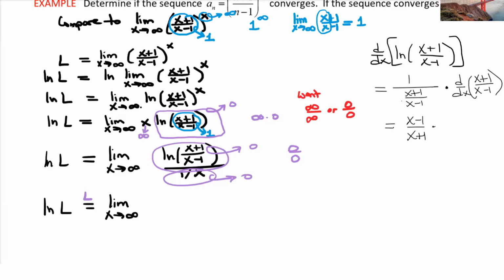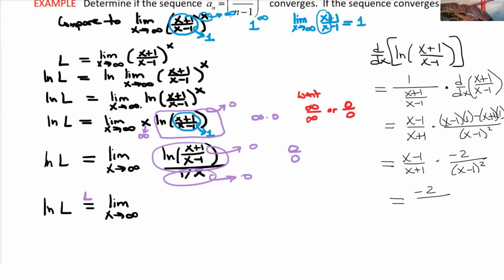And now we're going to do bottom times the derivative of the top minus the top times the derivative of the bottom over the bottom squared. So that's going to be x minus 1 over x plus 1 times, and then we're going to get negative 1 minus 1, negative 2 over (x minus 1) squared. x minus 1 and x minus 1 cancel, so we're left with negative 2 over (x plus 1) times (x minus 1).